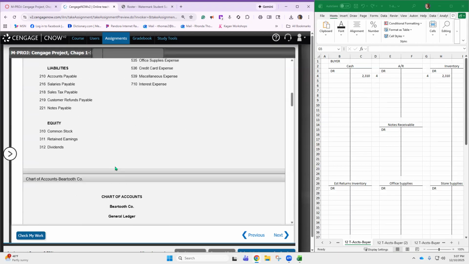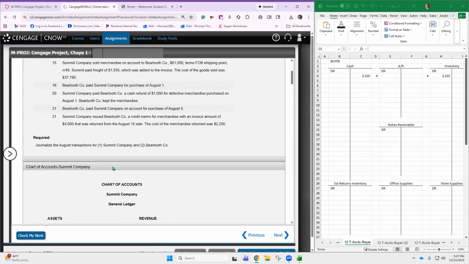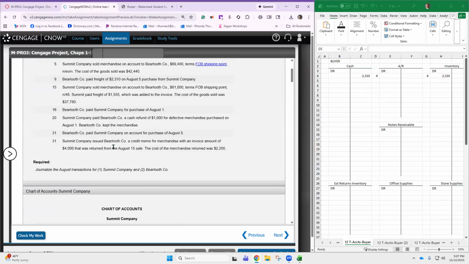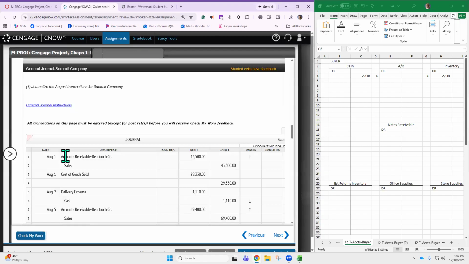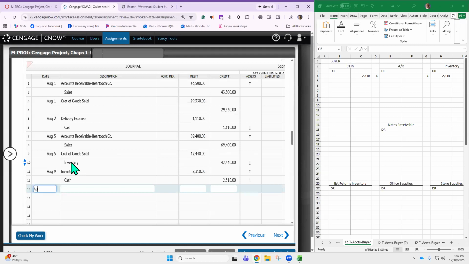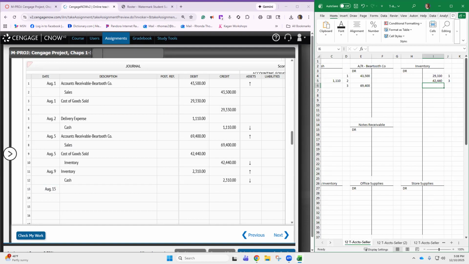So after the 9th, we have August 15th, and we're back to the seller. So I'm going to put August 15th in it, and then I'm going to read it. And this is going to be a seller transaction. So I want to go back to my T accounts over here with the seller.